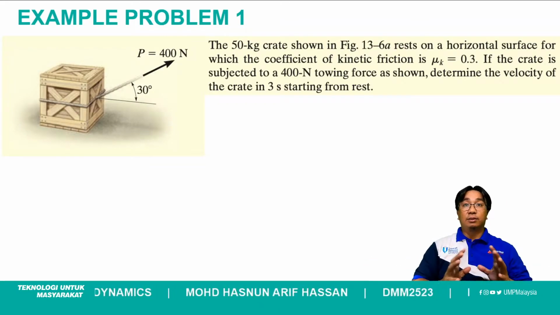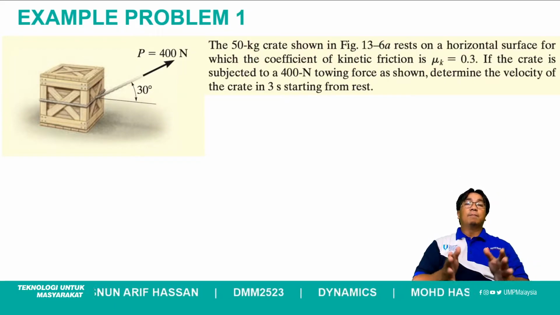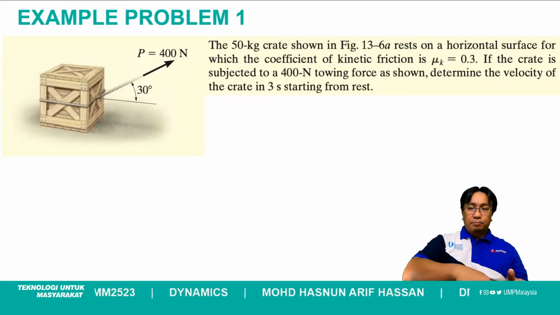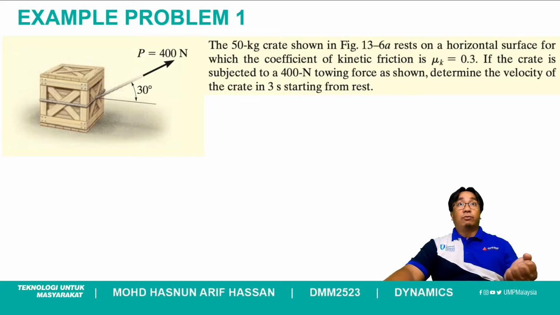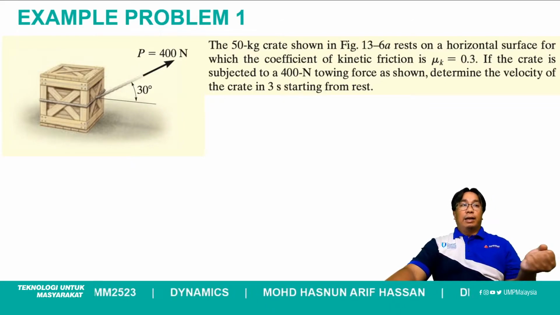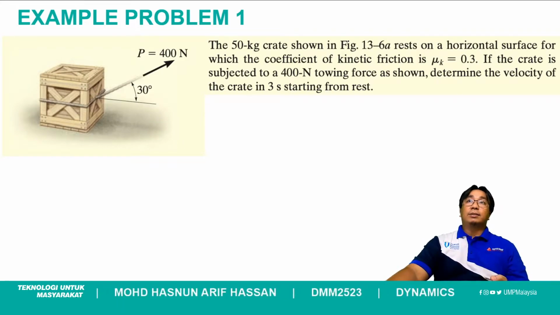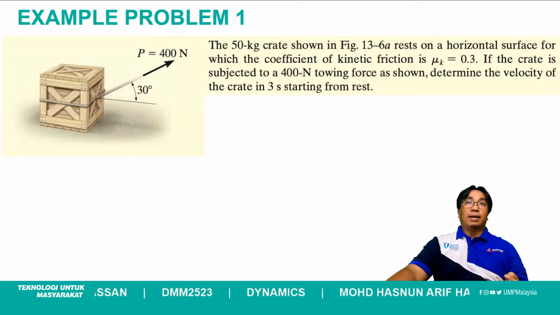So basically the box is at rest, not moving. Suddenly, somebody is pulling the rope with a force of 400 Newton applied constantly at 30 degrees, okay, and the box will start to move. So what we want to find out is what is the velocity of the box after 3 seconds.